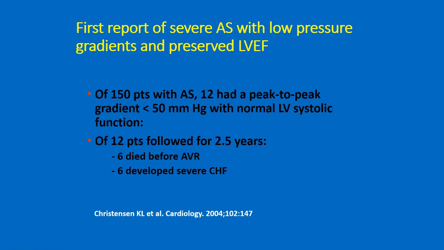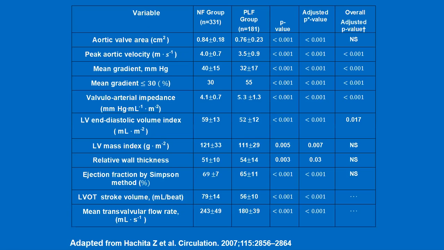The first report, interesting enough, was almost 17 years ago in 150 patients, 12 of whom had a peak-to-peak gradient less than 50 millimeter, but a normal ejection, normal systolic function. At 2.5 years follow-up, half of them died before aortic valve replacement and half had developed congestive heart failure.